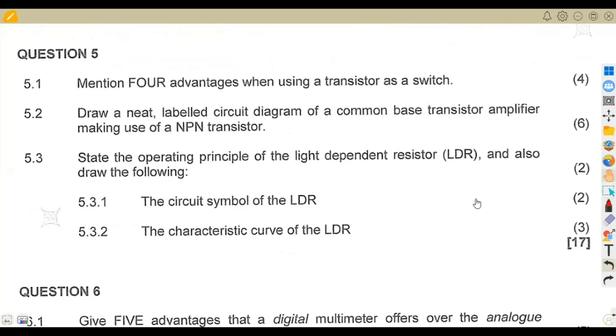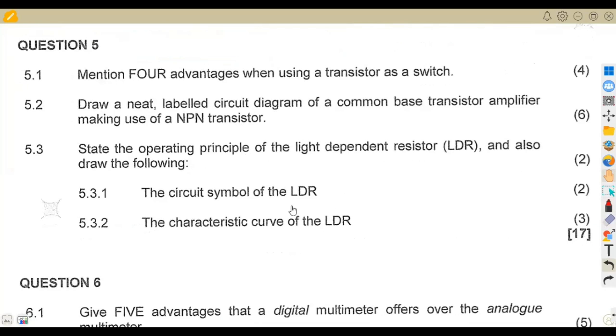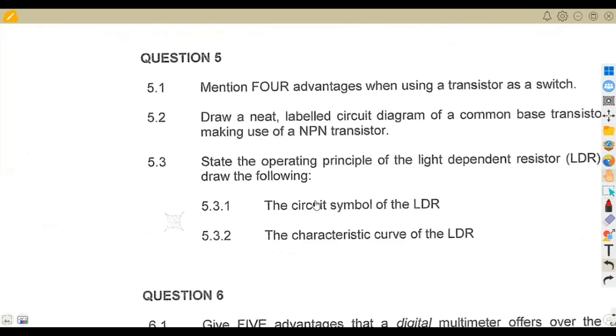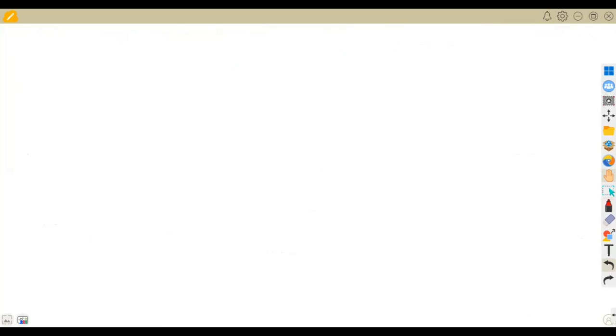Then on question 5, we are now asked to mention 4 advantages of using a transistor as a switch. I should have just listed these ones. Anyway, let's see. You need 4 advantages of using a transistor as a switch.